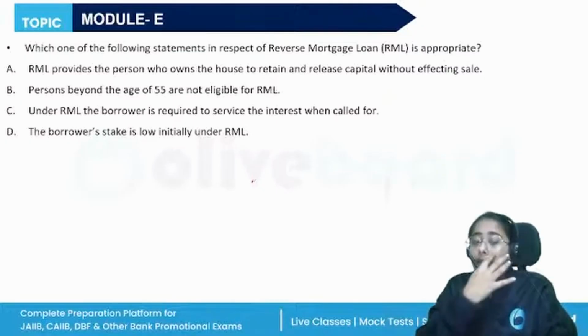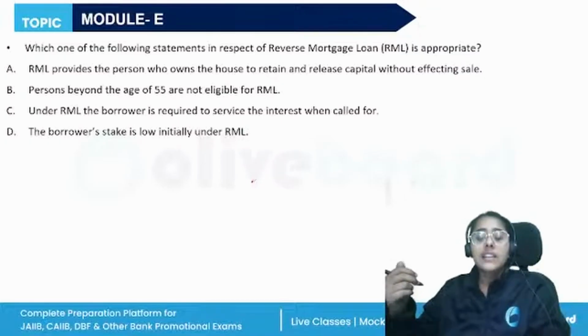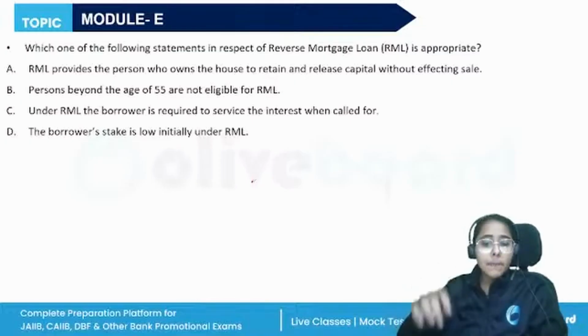Then if we talk about the eligibility criteria, any Indian citizen above 60 years of age is eligible. Married couples will be eligible as joint borrowers. The applicant should be the owner of the residential property, and it should be free from any encumbrances. The residual life of the property should be 20 years, right?